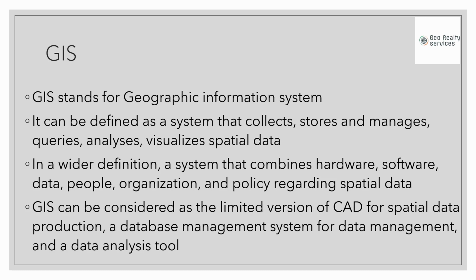GIS can be considered as a limited version of CAD for spatial data production, a database management system for data management, and a data analysis tool. The most powerful aspect of GIS is that it is a geovisualization tool which is specifically designed for cartographic representations of spatial data. In other words, map making is well supported.